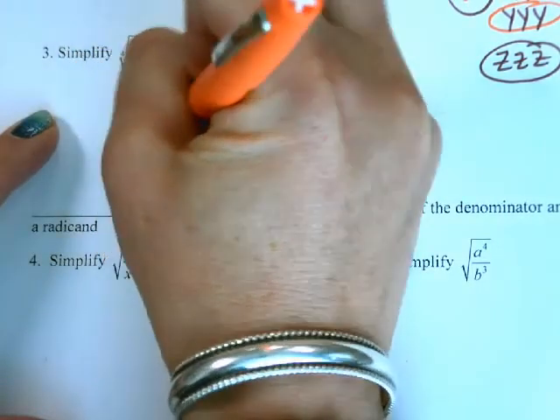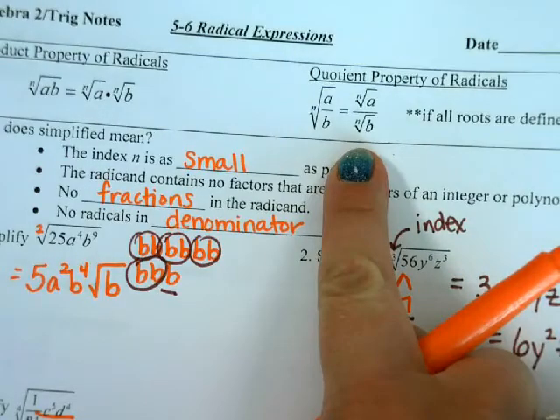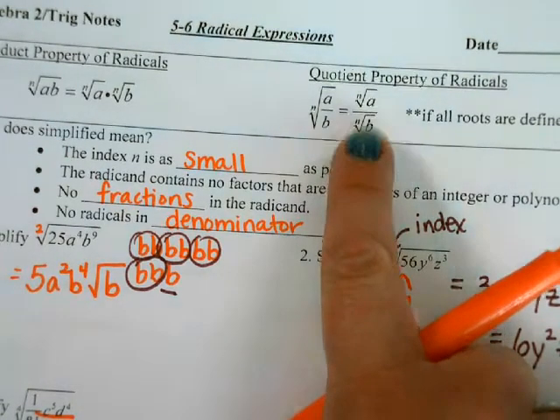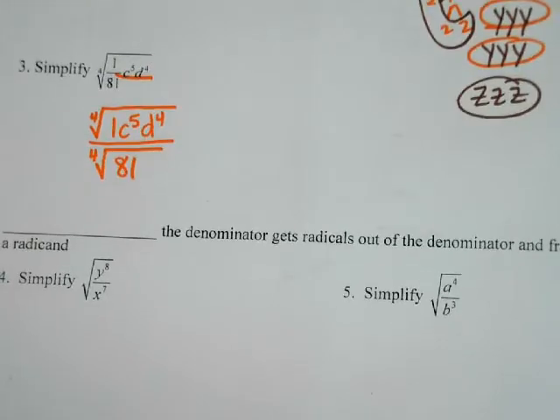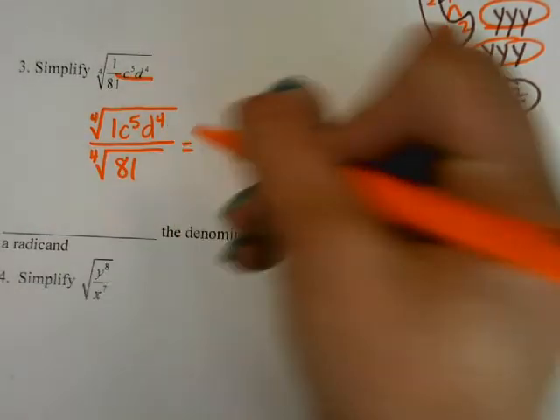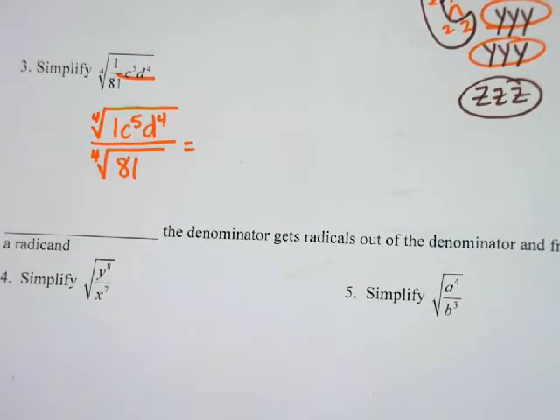And my rule up here said I could separate it into each having their own radical. All right, the 4th root of c to the 5th, d to the 4th.